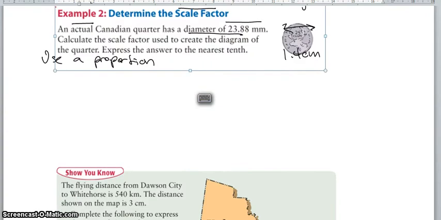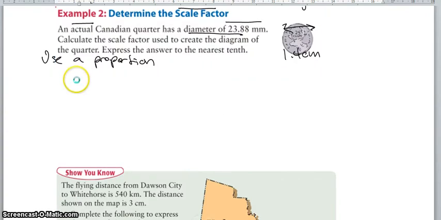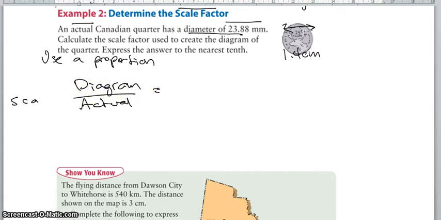Using a proportion, we would create a fraction of diagram over actual. And it's always going to be set up that way. That right there is the scale. So the diagram measurement is the 1.4 centimeters. The actual measurement given in the question is 23.88 millimeters.